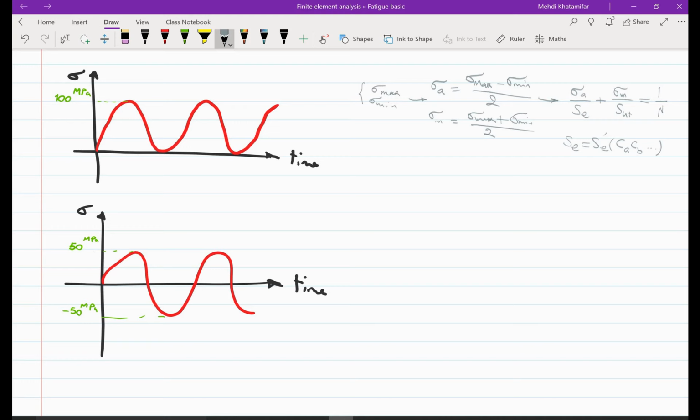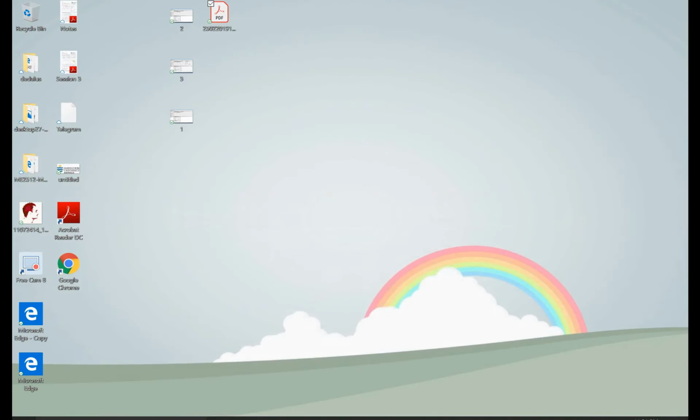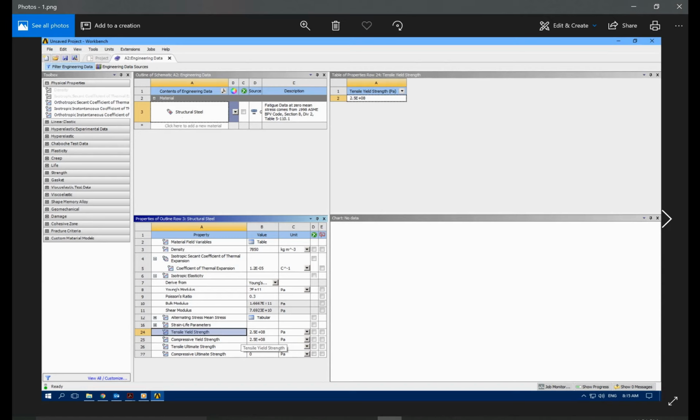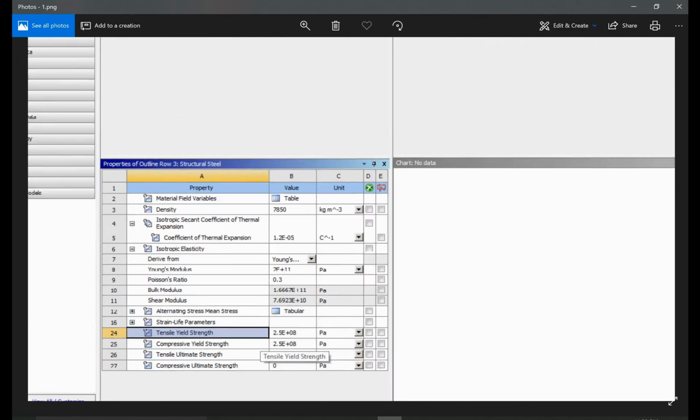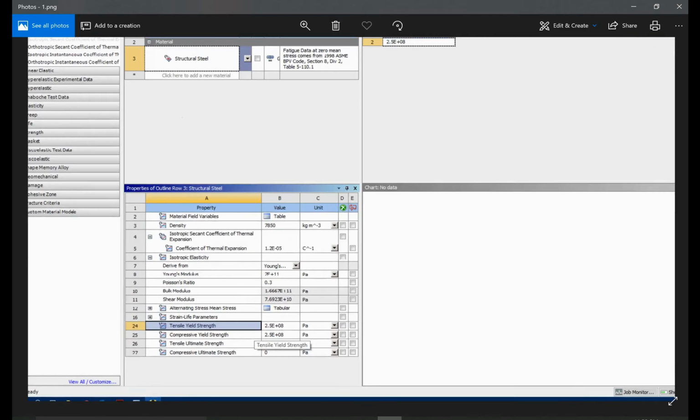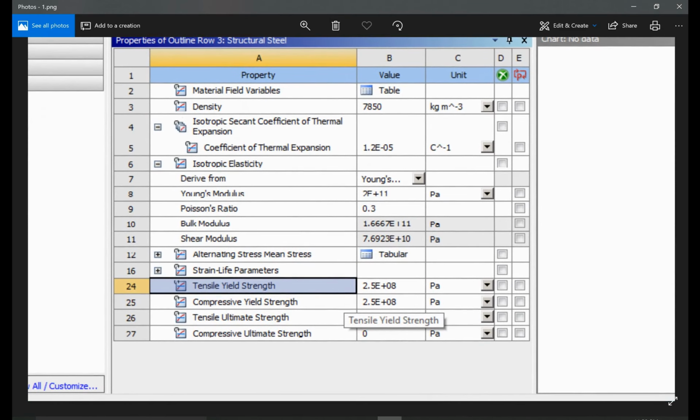Let's see. Inside my tablet, I don't have ANSYS installed, but I took some pictures to show you how we can get some information which we need. For example, for yield stress, I selected structural steel, and inside properties you can see yield stress is 250 megapascal.